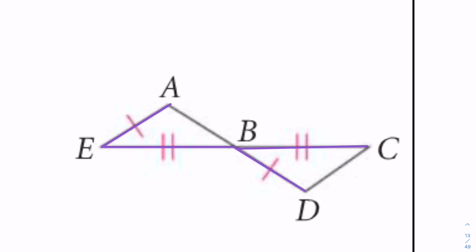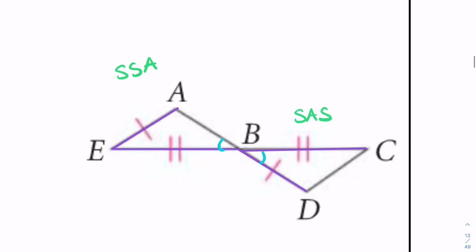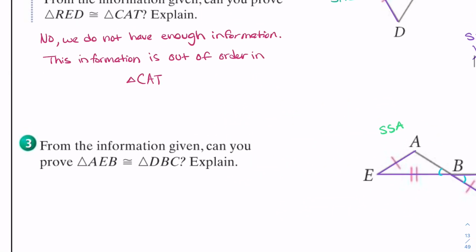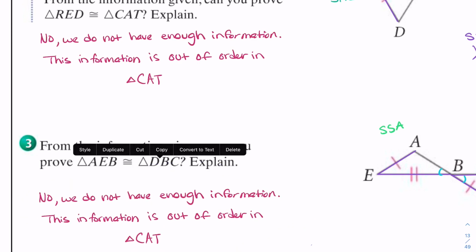And it's looking promising for this angle because that angle does look like it's included, but this one does not look like it's included. This looks like a side side angle option, and this one looks like a side angle side option. So again, this is not enough information. I can just copy and paste the statement right here.